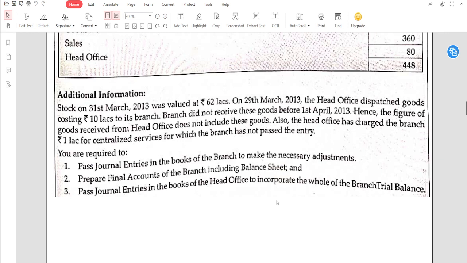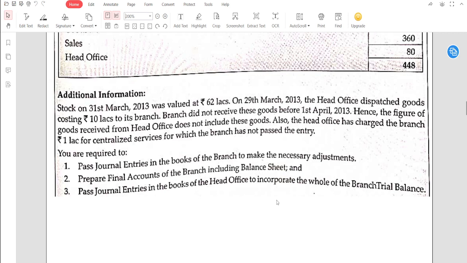So, books of the Kanpur branch: we need not do any journal for the closing stock. That is the simple thing.